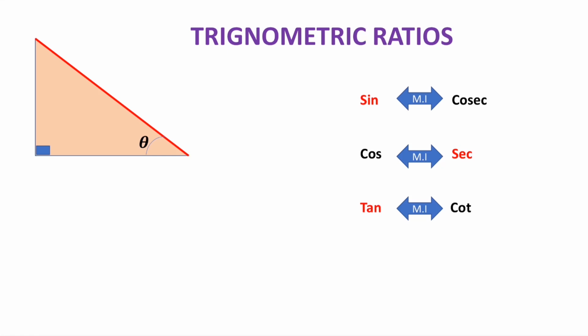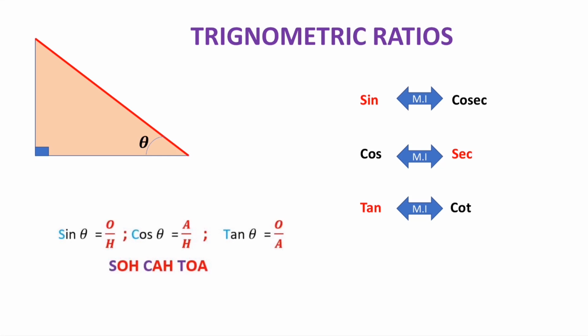Sine, as we discussed, can be expressed in terms of ratios. So sine theta is opposite side by hypotenuse. If we name this triangle A, B and C, the angle is theta.